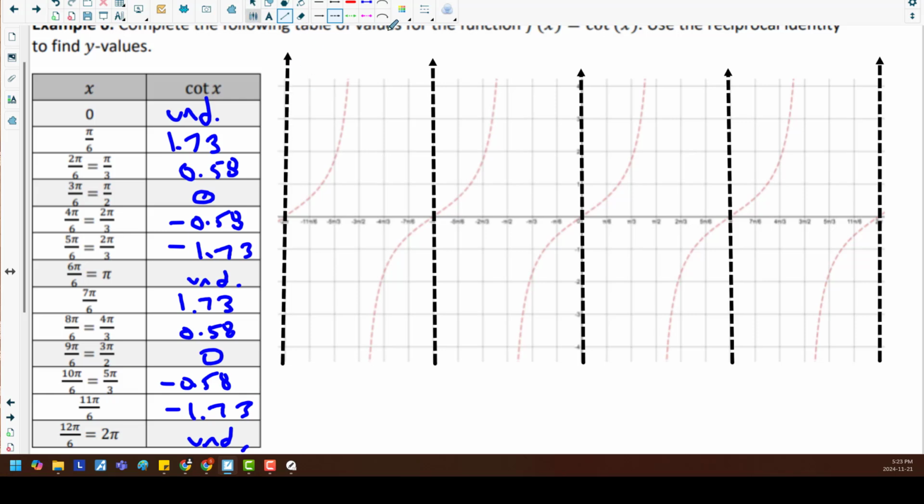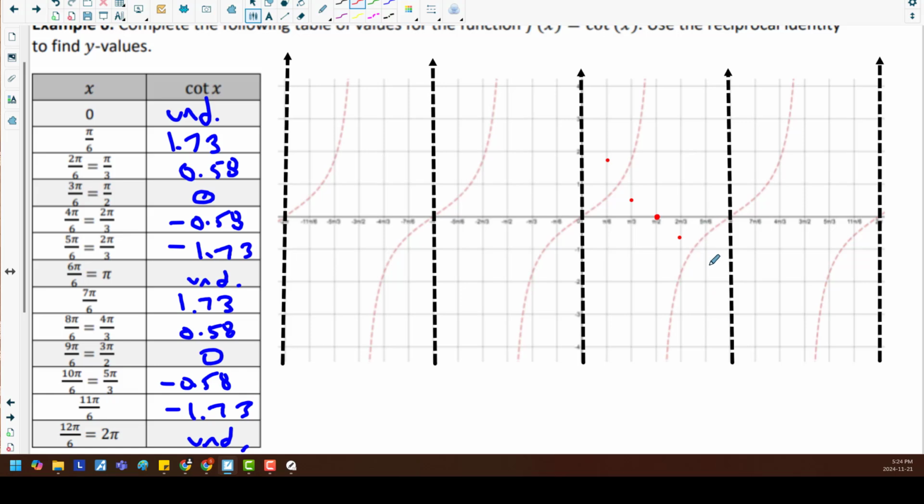And now, what does the graph look like? Well, pi over 6 is 1.73, so 1.73 is going to be here. Pi over 3 is 0.58, so that's going to be like halfway. Then we have a 0 value. Pi over 2 is 0. And then we have 2 pi over 3, which is negative 0.6 essentially.